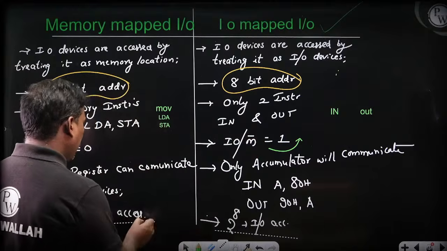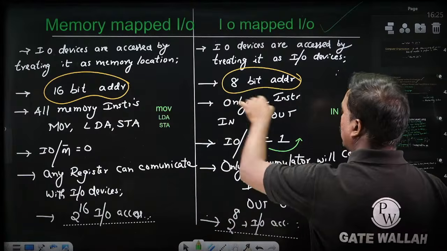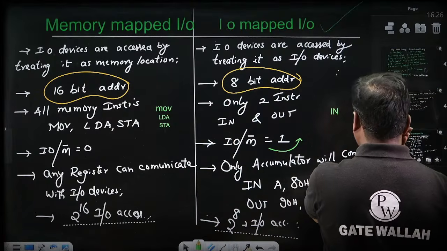This is 2 power 16 IO access and this is 2 power 8 IO access. Why? Because one is a 16-bit address and the other is an 8-bit address.